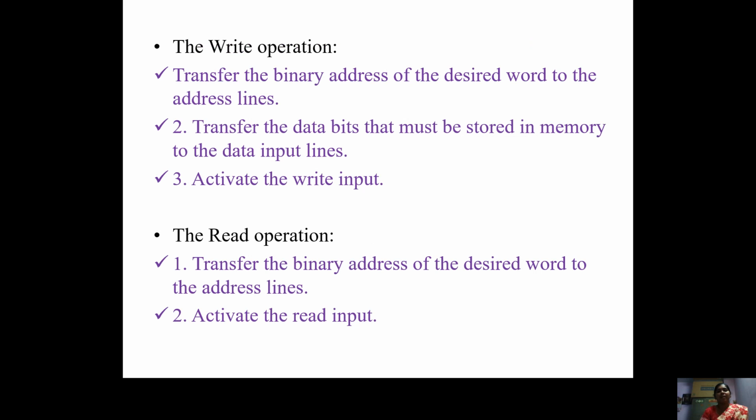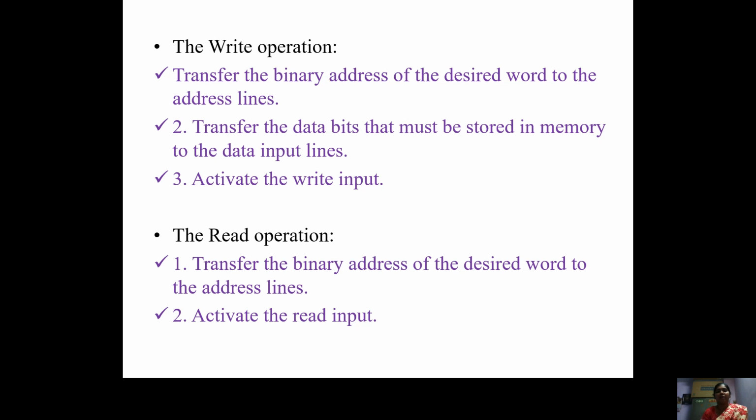Coming to the write and read operations, how are we going to perform them? First, the write operation. Transfer the binary address of the desired word to the address lines, that is, at which location we need to write the word. It should be specified using the k binary address lines.